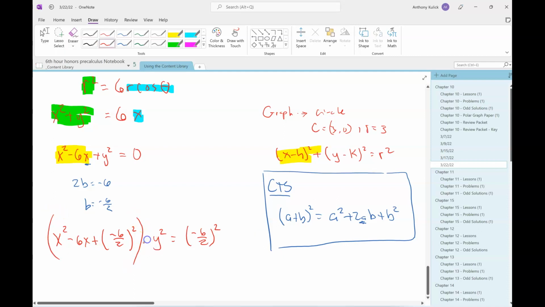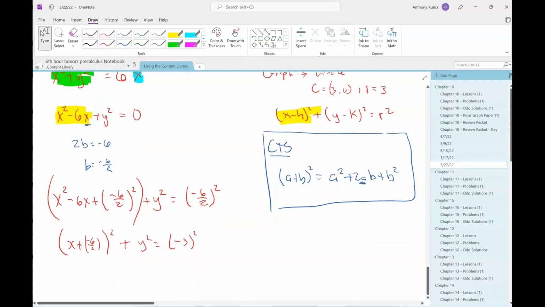Now, if I take that quadratic, this factors. Everybody's okay there? And really, this is just what we're looking for.